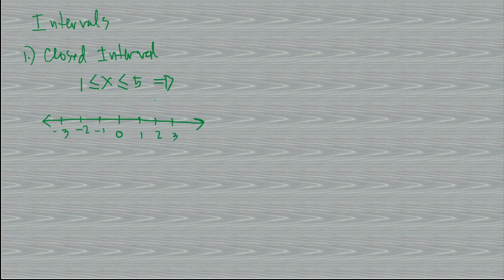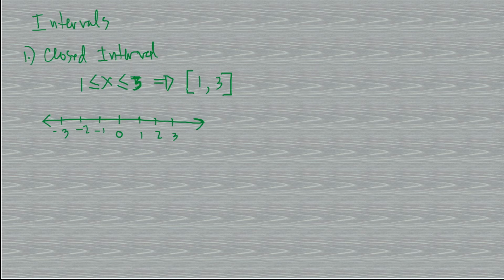Let me change this 5 to 3 because our number line here is only up to 3. If you rewrite this in another form, this could be written as [1, 3]. Take note, we are using square brackets. When you are talking of a closed interval, we are using square brackets.